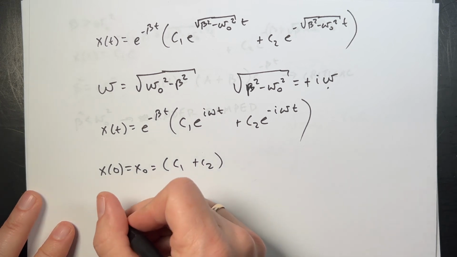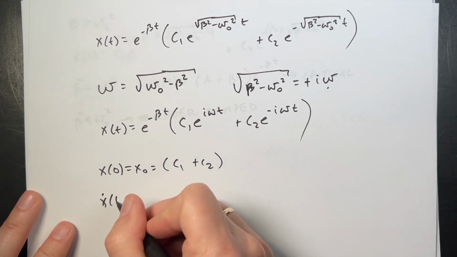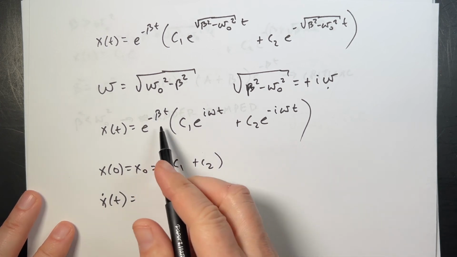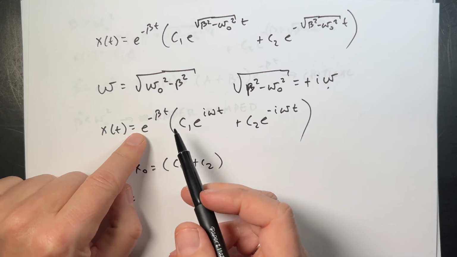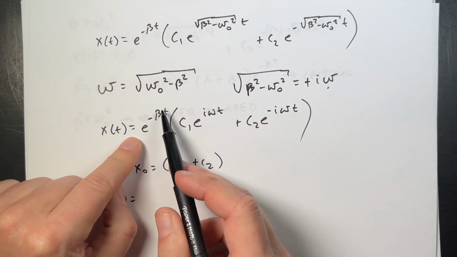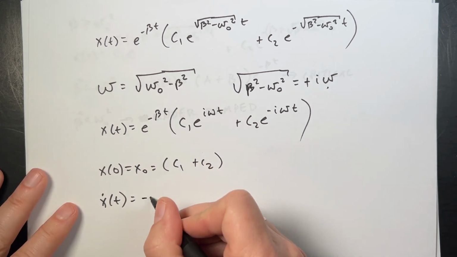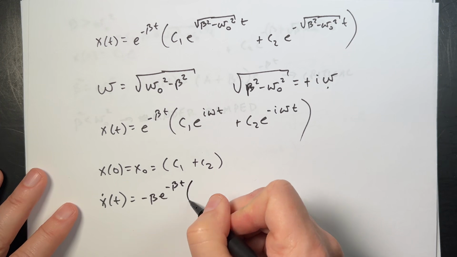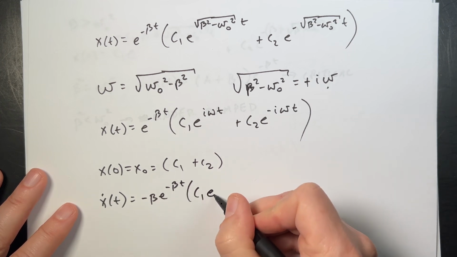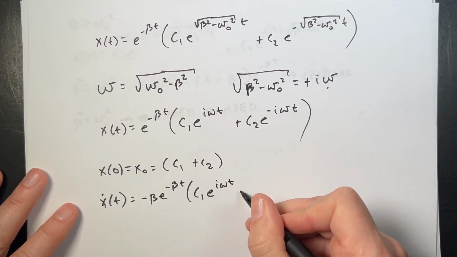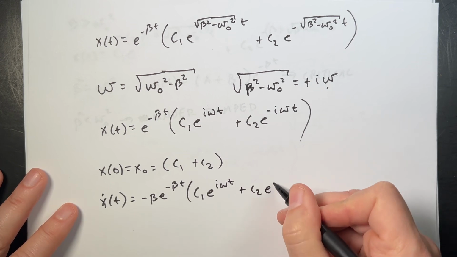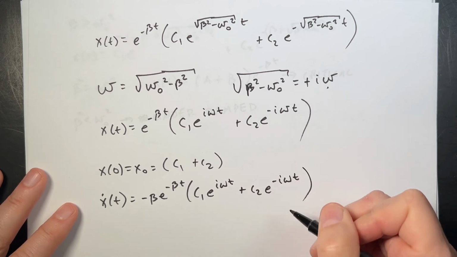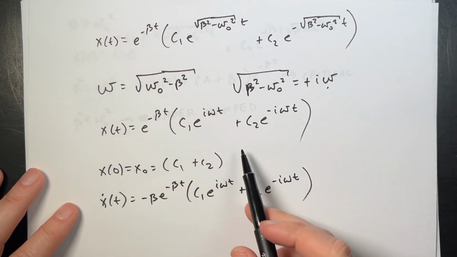What about x dot as a function of t? I can take the derivative of this. It's a little bit more complicated, but let's do it anyway. I take the derivative of this term, so I get negative beta e to the negative beta t times C1 e to the I omega t plus C2 e to the minus I omega t. Then I have to take the derivative of the other term times that.